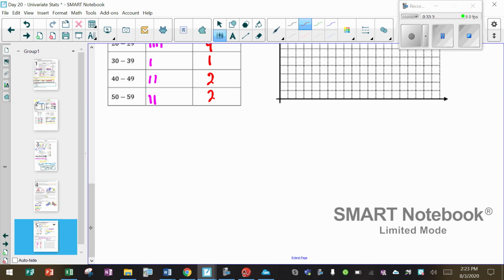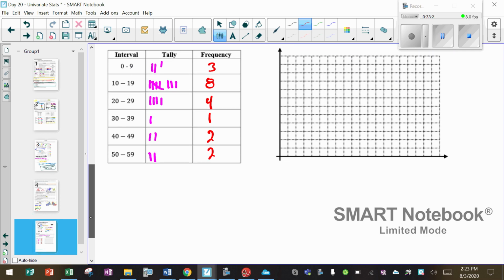to put across the bottom, the x-axis. Our intervals go along the x-axis, and our frequency goes along the y-axis. The frequency is how many times there was a score within the interval that was given to us. We have 6 intervals, and our intervals have to be the same size across the bottom of our graph.